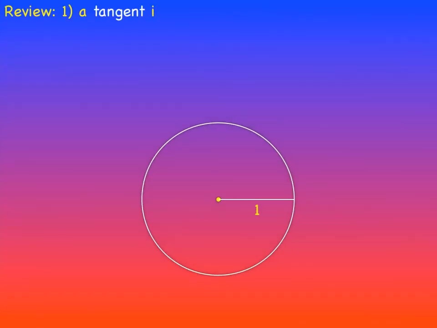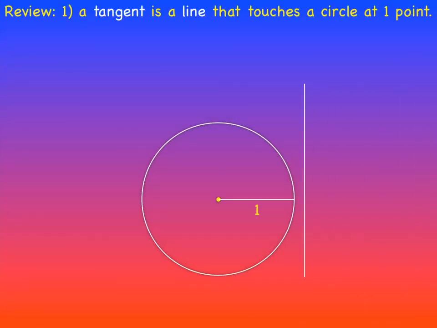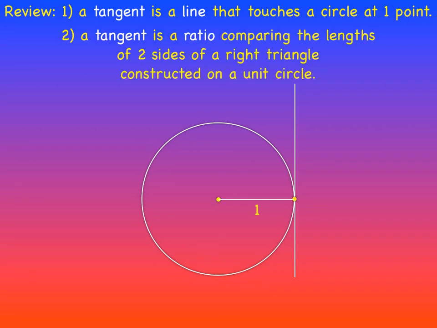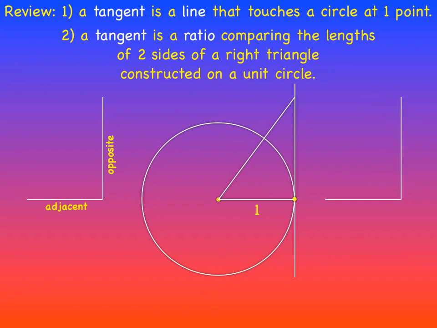Two points, then. A tangent is a line that touches a circle at one point. But a tangent is also a ratio comparing the lengths of two sides of a right triangle, the opposite compared to the adjacent, or the tangent compared to the radius, when it's constructed on a unit circle.